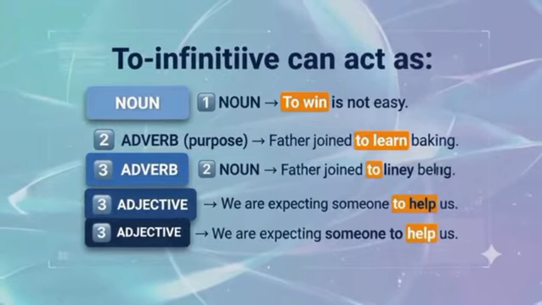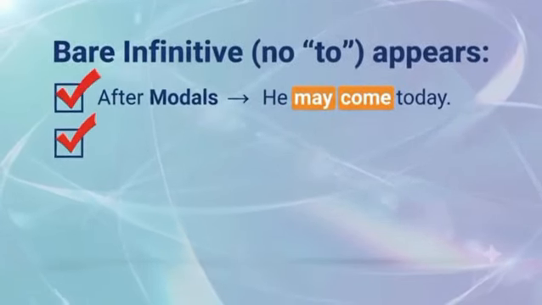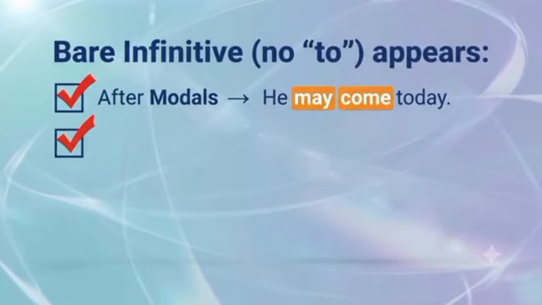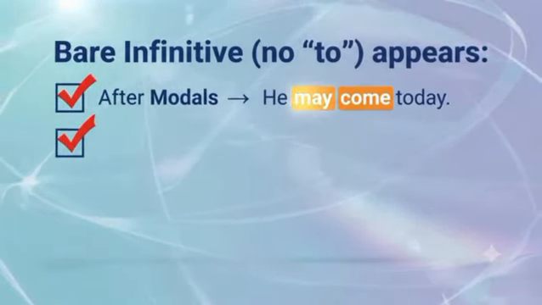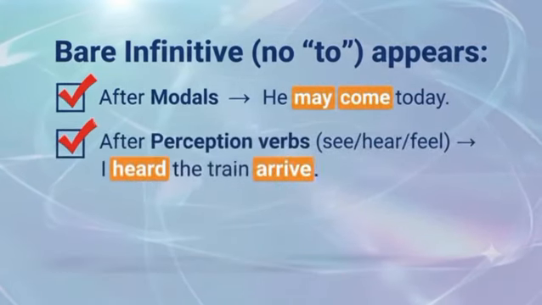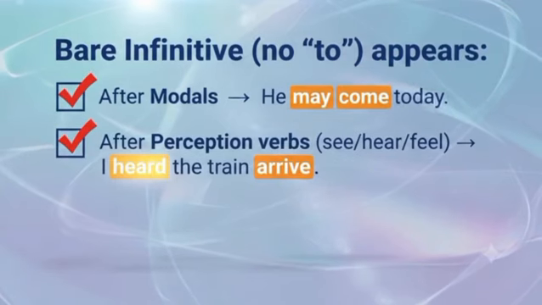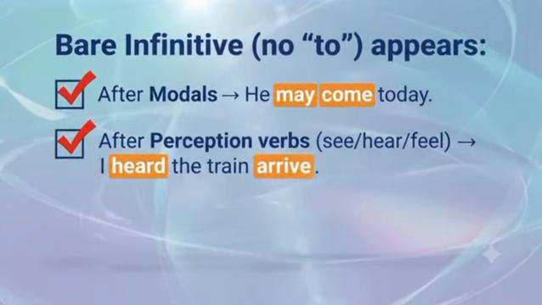Next, now the bare infinitive. Bare infinitive means no to needed. It shows up in four specific places. After modal verbs like may, can, will, for example, he may come today.